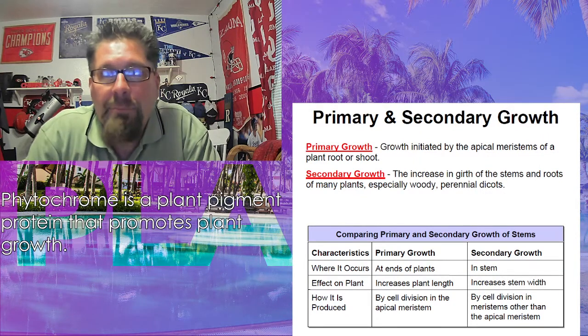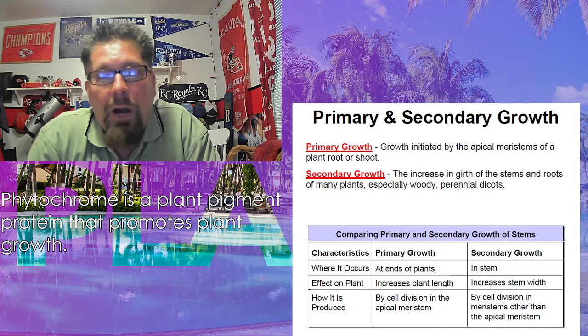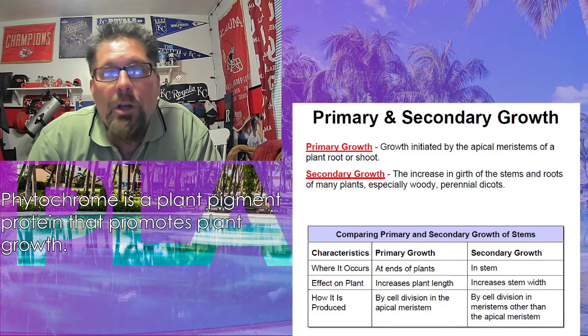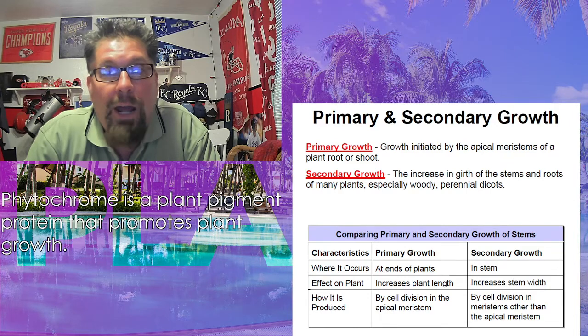The next aspect to talk about when we're discussing parts of plants is the growth patterns, and there are two main growth patterns: the primary and the secondary. Primary growth is designed for length. Okay, designed for length. So like a blade of grass, or a dandelion that seems to grow overnight, gets tall.